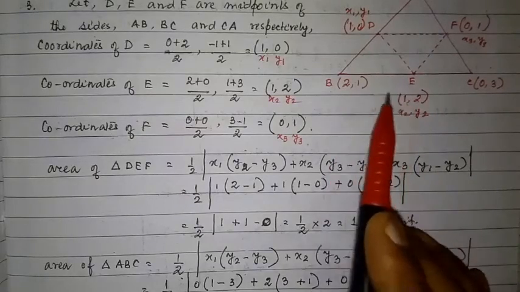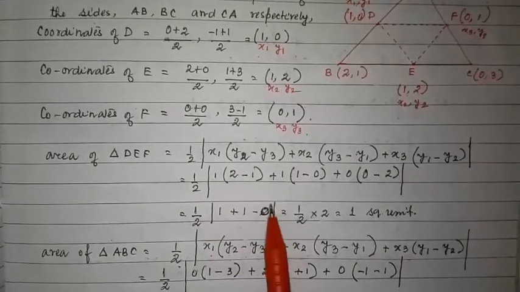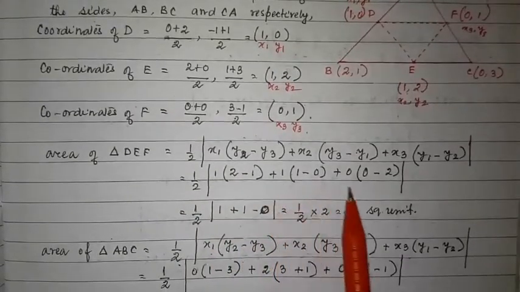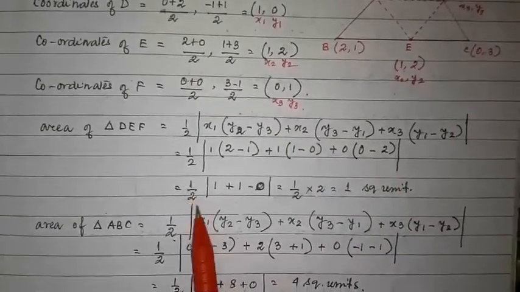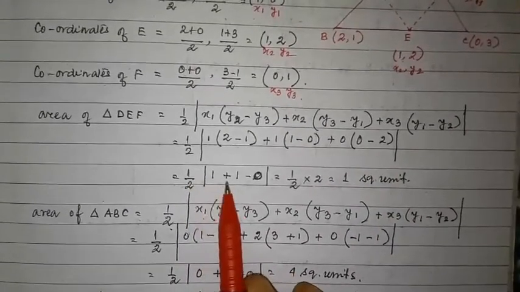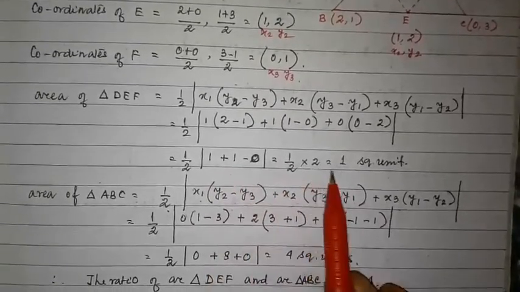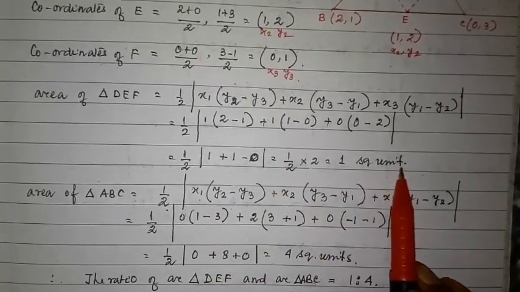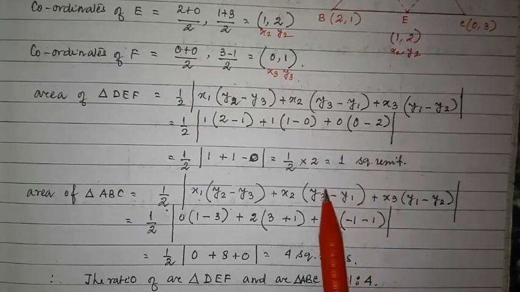Now let us put down the values. It will be half, 1 into (2 - 1) + 1 into (1 - 0) + 0 into (0 - 2). It will be half into modulus 1 + 1 - 0, that is half into 2, that is 1 square unit. So we get area of the triangle DEF is equal to 1 square unit.